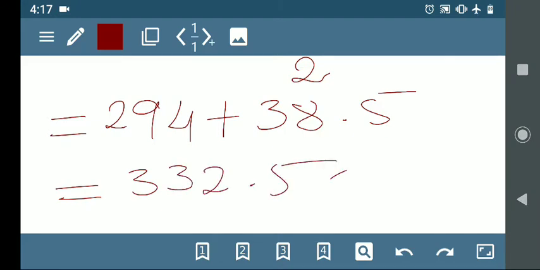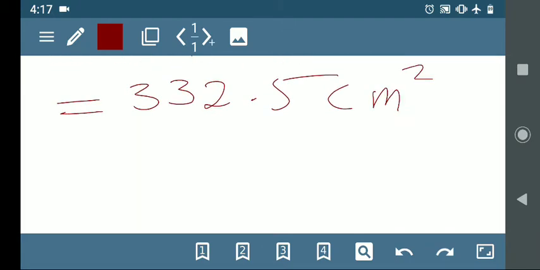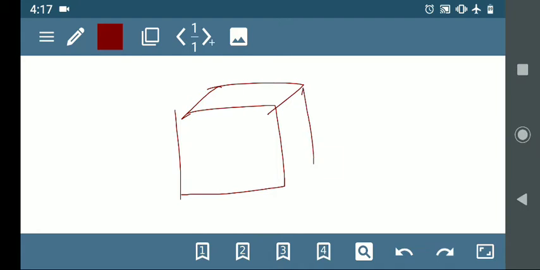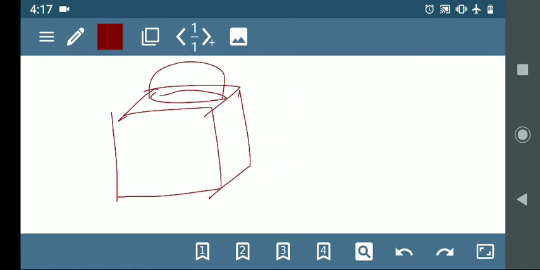Understood? I will give you brief explanation. We have a cube. On one face of the cube, what we are placing? We are placing a hemisphere. So total surface area we have to calculate: 1, 2 below, 3, 4 backside, 5 above, 6, right? So that is 6a square plus what is surmounted here?